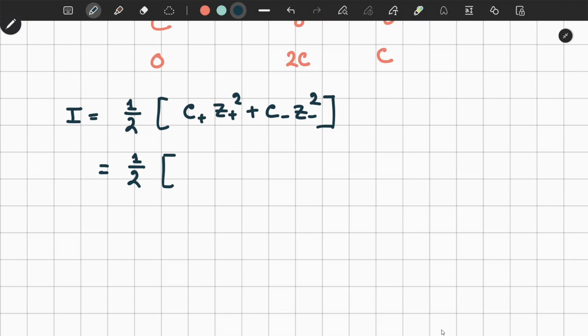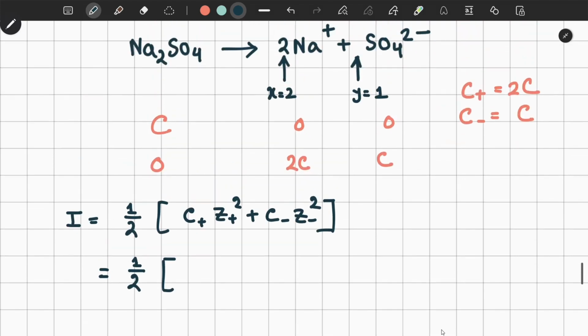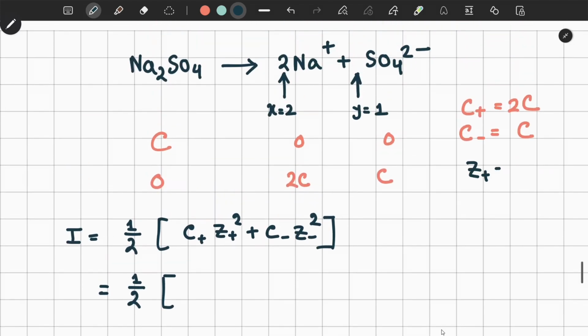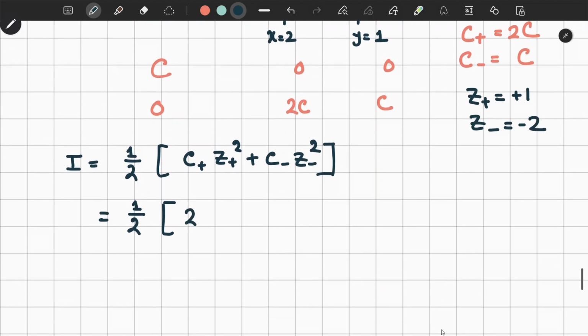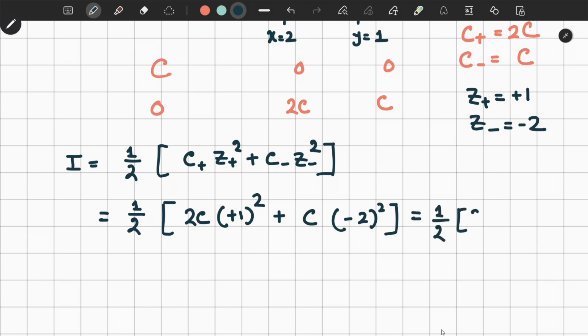What are Z plus and Z minus? Z plus is plus 1, but Z minus is sorry, minus 2. So it is 2C times 1 square, and C times minus 2 square. So it will be half of 2C plus 4C, so it is 3C.